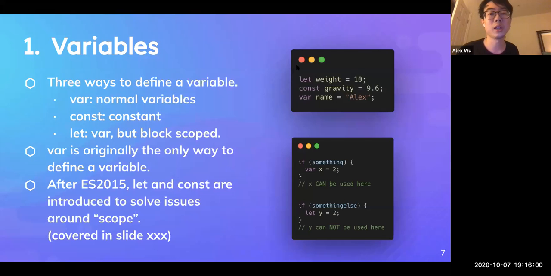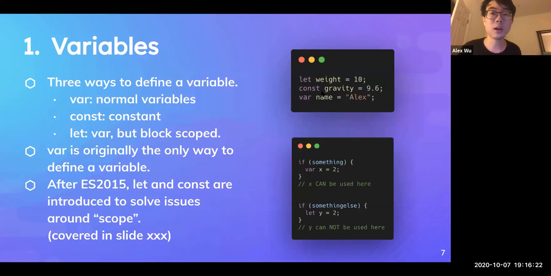So we usually use it to define something that's not going to change, for example, gravity. Here in the snippet on the right, you can see the constant gravity equals 9.6. And if you try to assign a new value, say 10, to gravity, it will basically have an error. You essentially cannot do that because it's a constant.